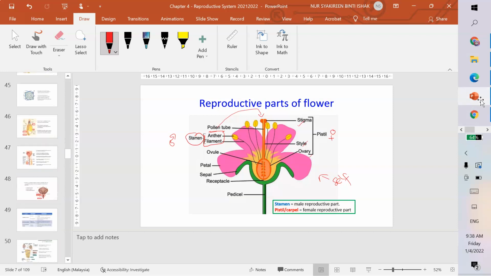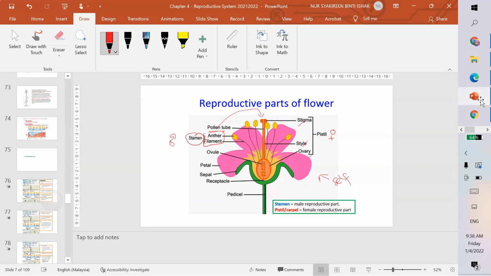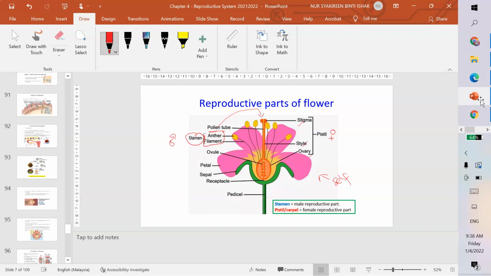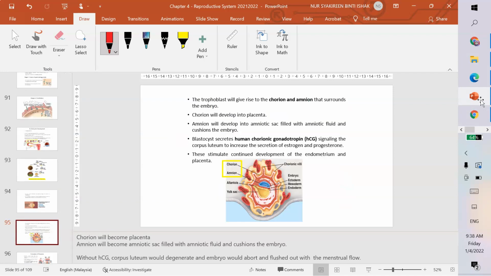So if you look at the structure of blastocyst, kita buat division terus. So dia adalah stage dia dalam keadaan blastocyst. Okay, so the outside layer is the trophoblast, become chorion and amnion. Chorion will develop into placenta.